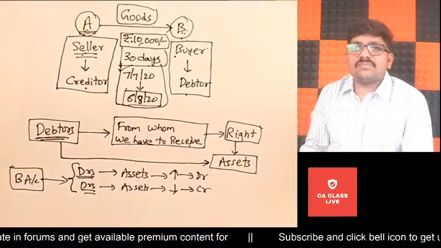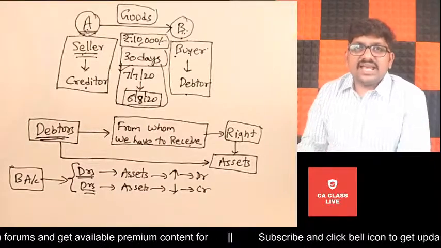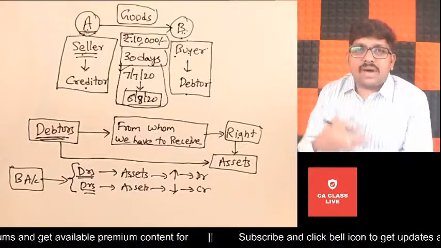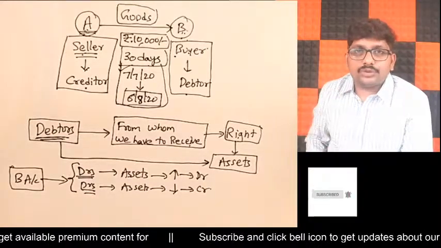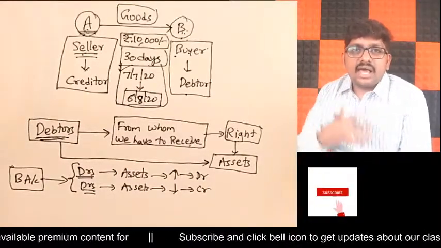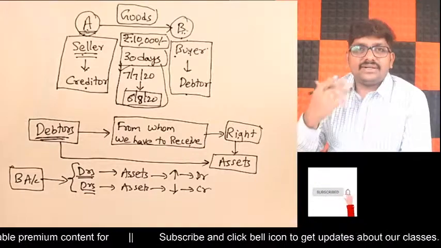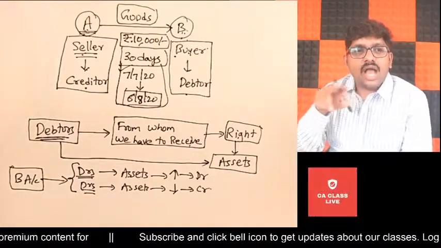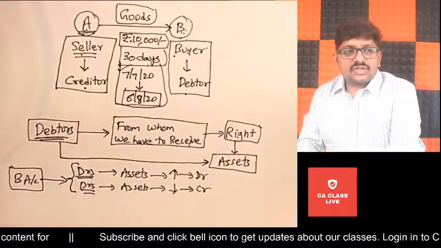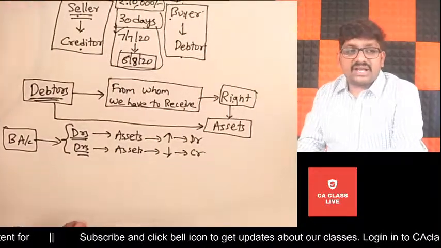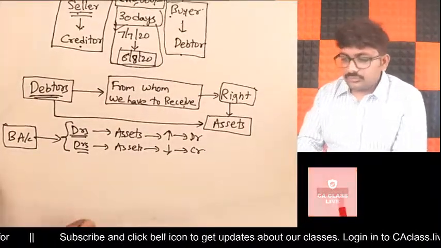Imagine I sold goods to Rama, then Rama becomes my debtor; I will open an account called Rama account. I sold goods to Hanuman, then Hanuman becomes my debtor; I'll open a separate account called Hanuman account. So like that we will manage. So how did debtors become an asset? I hope you understood.